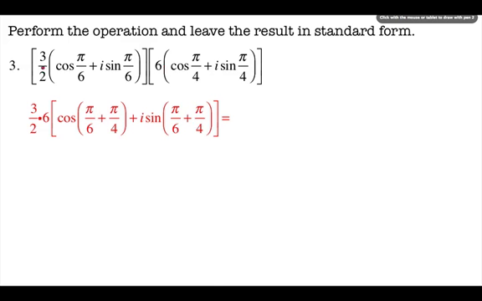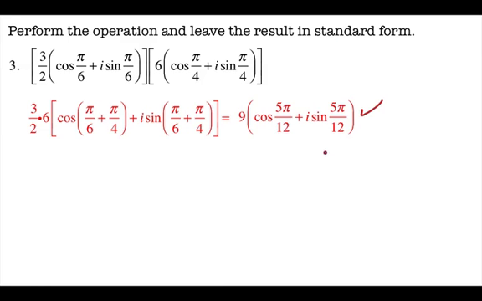I need to multiply the radius, cosine, sum of these two angles, which is what you see here, I sine, and then the sum of the two angles. At this point, I know that this gives me 9, and then pi over 6 plus pi over 4 is 5 pi over 12, and this is the answer to number 3. You're done. This is what we call standard form. You leave it in standard form, or trigonometric form.